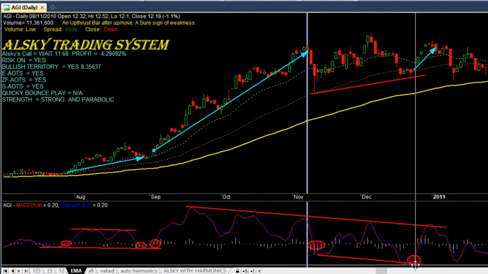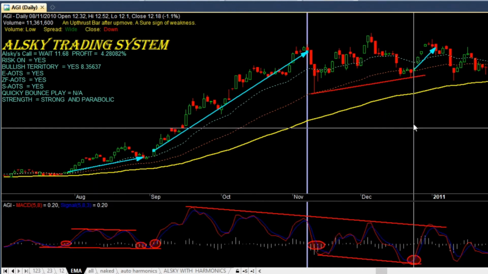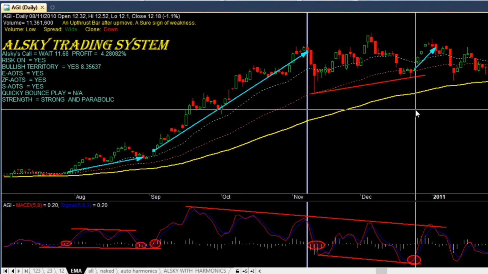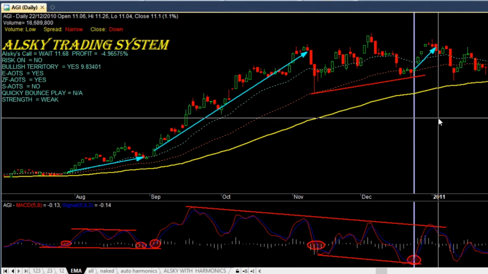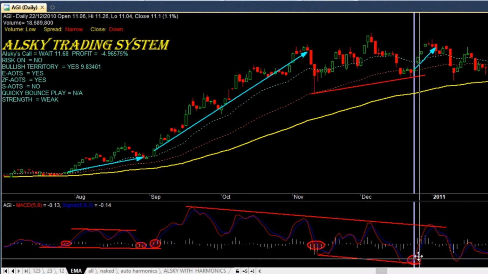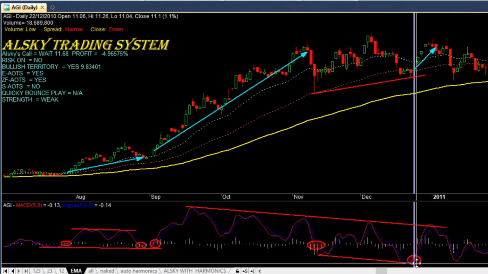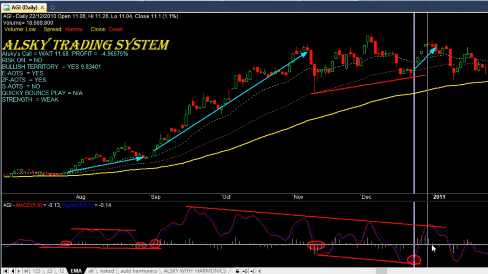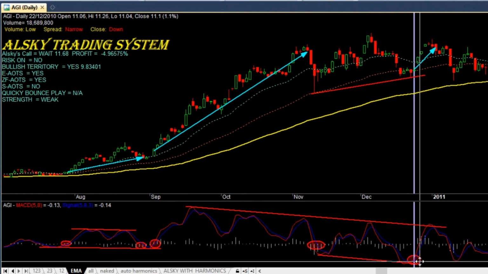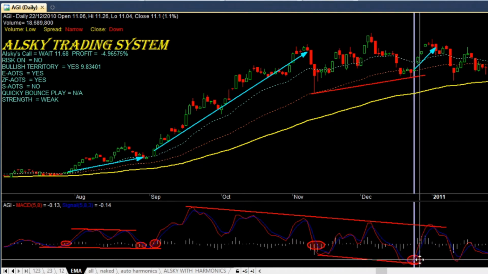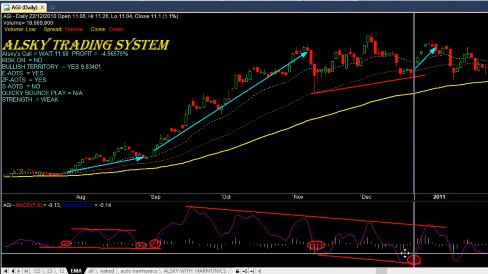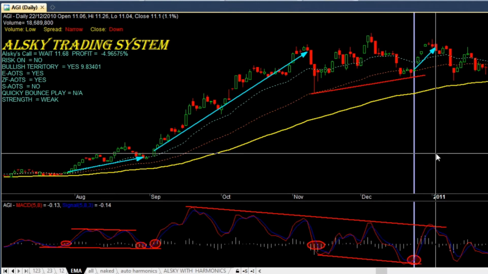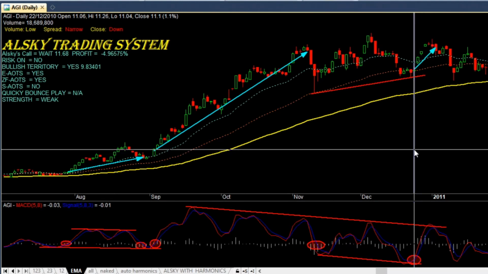So again, we have here a divergence, and we are going to enter on the MACD crossover after the bullish divergence. So kapag malayo masyado yung MACD natin sa zero line, we can enter when our MACD crosses the signal line.